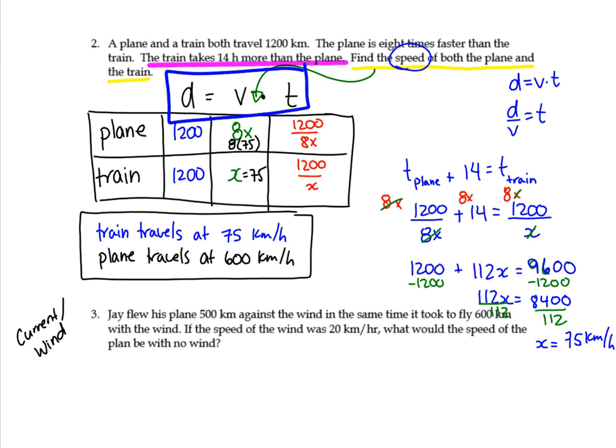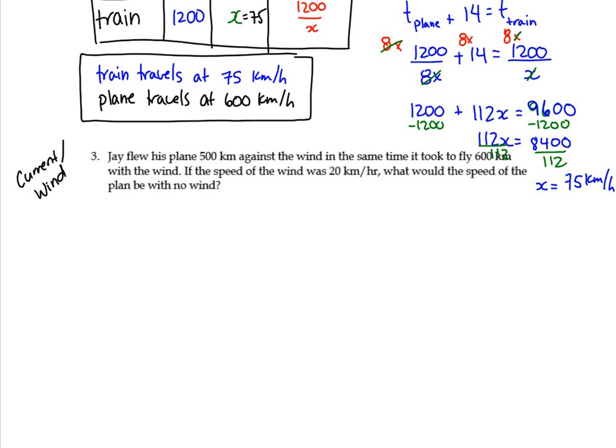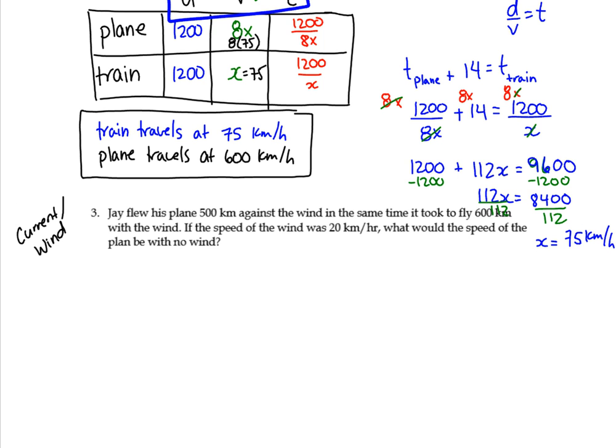We went back to this part, and then 8 times 75. Did someone Google it? The average speed of just a commercial plane is 500 knots. What's knots? Everything's in knots.